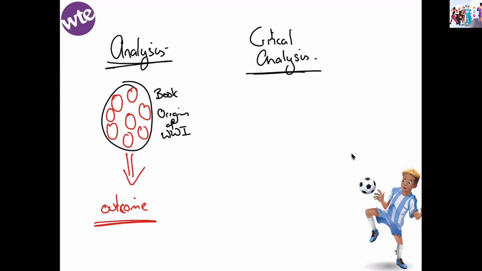And as a result of looking at all those different aspects, whether it was the growing militarism or nationalism in Germany, or the Balkan crisis, or the assassination of Archduke Franz Ferdinand, you come to an outcome. You can say something about what you believe is the origins of the First World War after analyzing the different possibilities. Critical analysis is different.